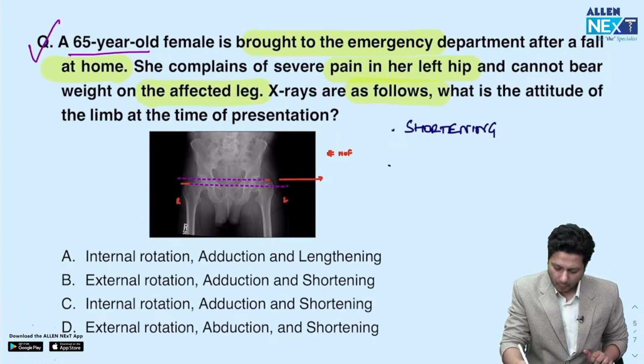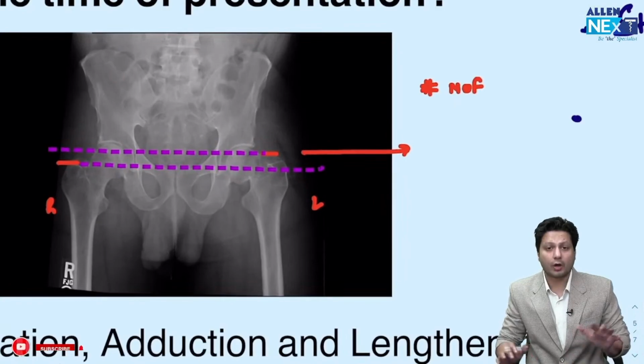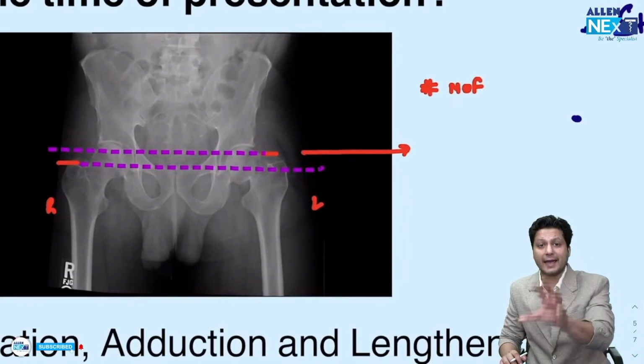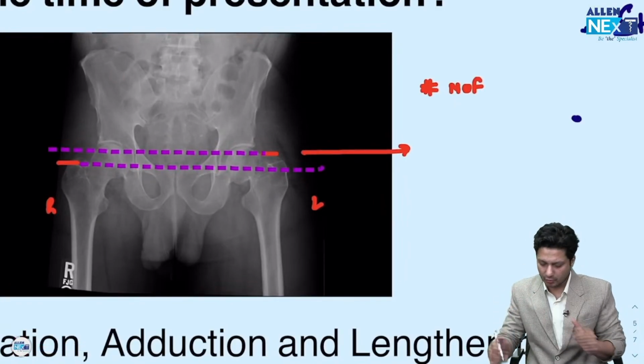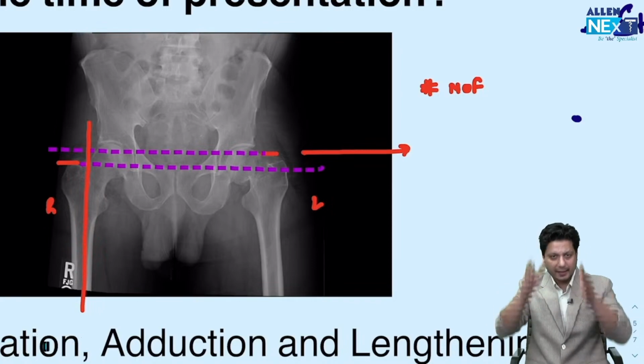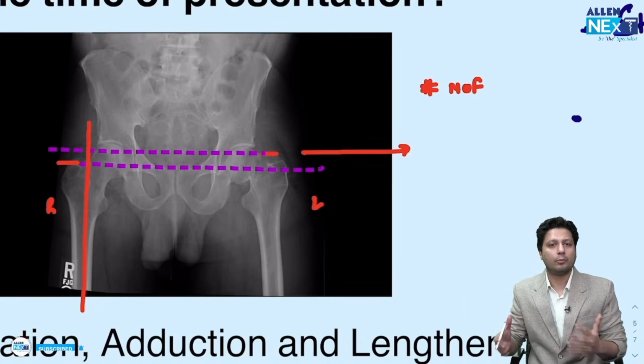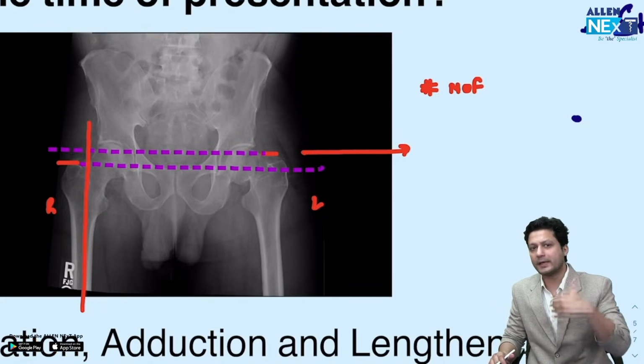Alright. Now, point number two is whether the limb is in adduction or abduction on the basis of the X-rays. Now, if you look at the axis of the femur, this is the axis of the femur, which is absolutely lying perpendicular to the axis of the pelvis. That means it is creating almost an angle of 90 degrees, which is considered to be a neutral position.